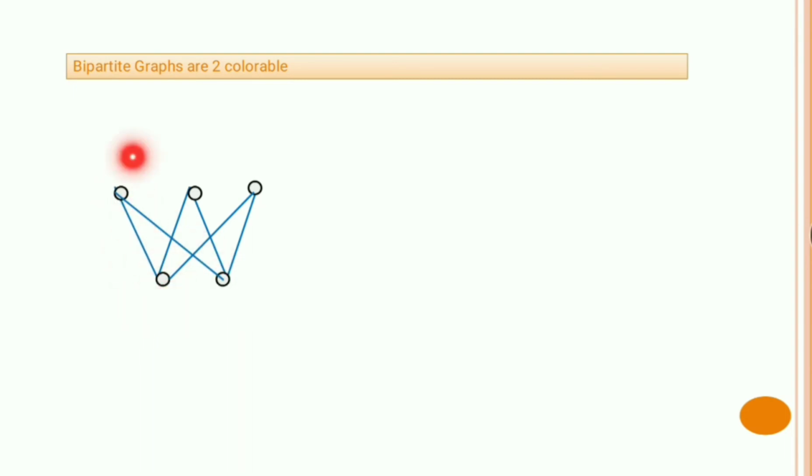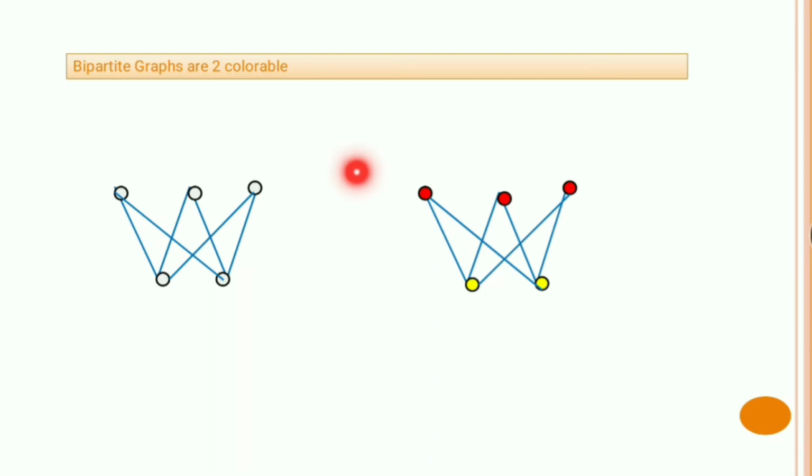If I give color 1 here, then this color cannot be used in these two vertices, but the color used here can be used here and here. So only 2 colors are required to color a bipartite graph.